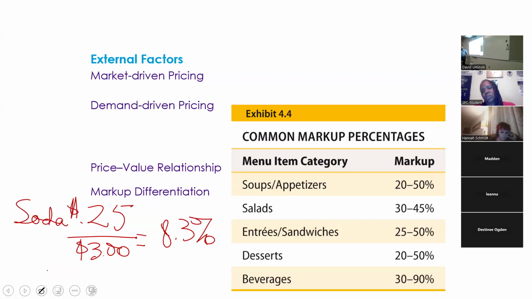If I were to use a steak, let's say a steak costs me, I don't know, $35.